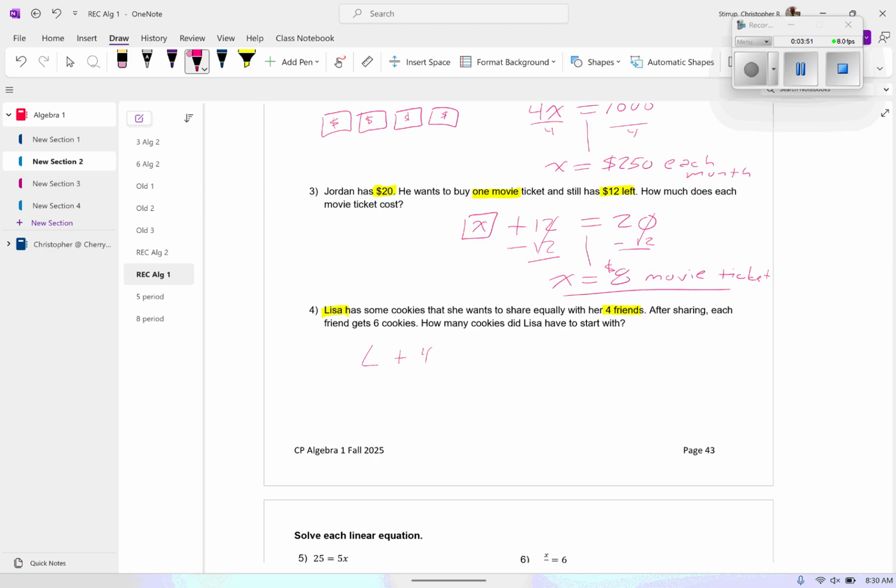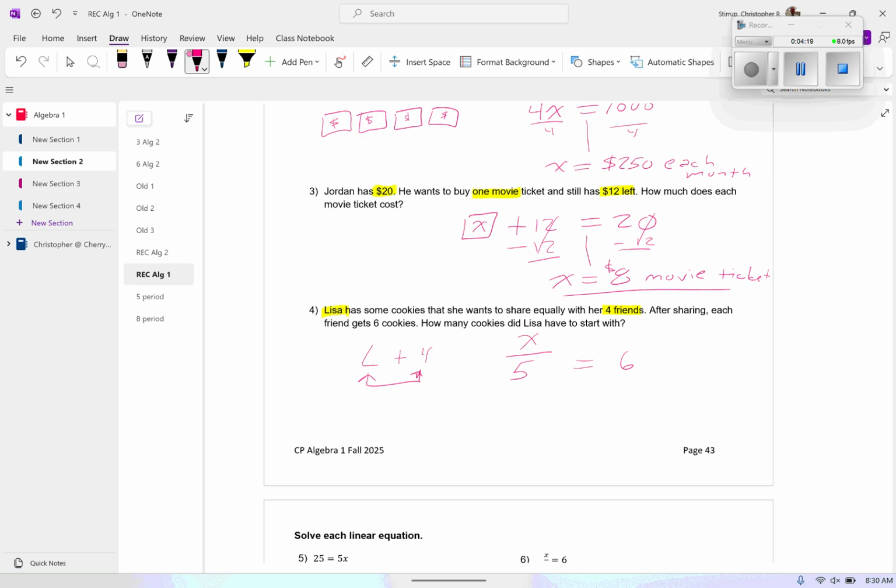After sharing, each friend gets 6 cookies. Okay, so each person had 6 cookies. So think about it. If you're talking about Lisa and her 4 friends, there happens to be 5 people total in this situation. And she said after sharing the cookies, each friend gets 6 cookies. Okay, how many cookies did she start with?